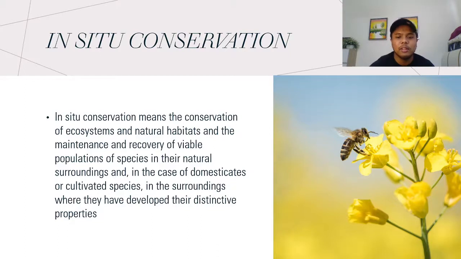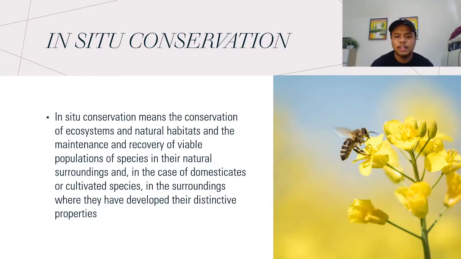In situ biodiversity conservation has many advantages, such as it preserves species as well as their natural habitat. Second, it ensures protection to a large number of populations, and besides, it is an economic and convenient method of conservation.